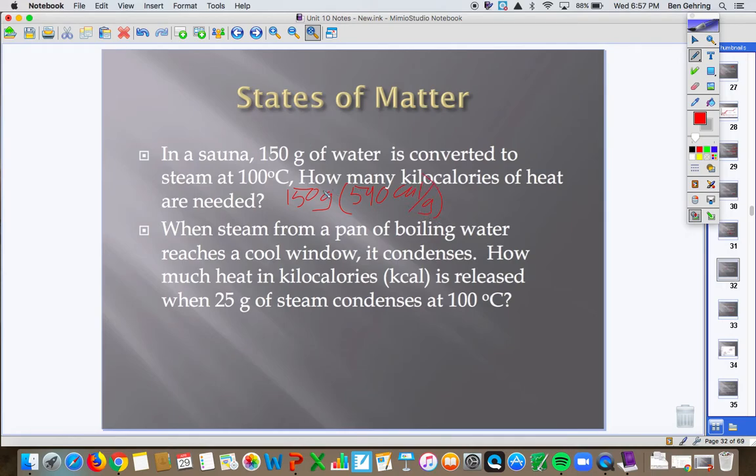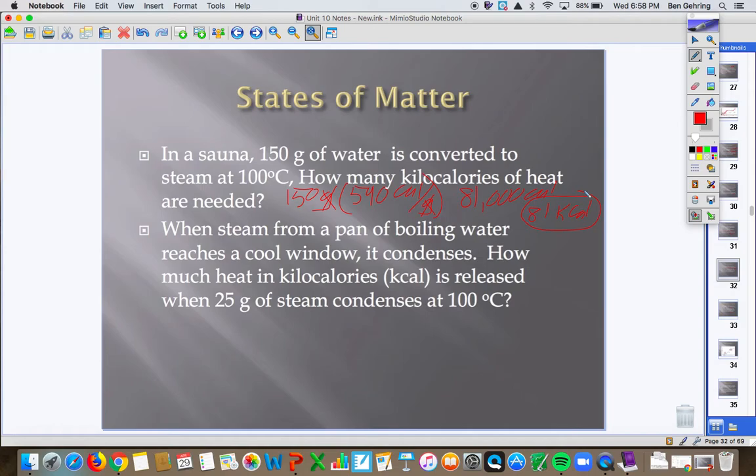So if I multiply these two, my grams cancel out, and I get 150 times 540. If I do this correctly, I should get an answer of 81,000 calories, and I'm looking for kilocalories here, so this is going to be 81 kilocalories. I'll let you try the bottom one.